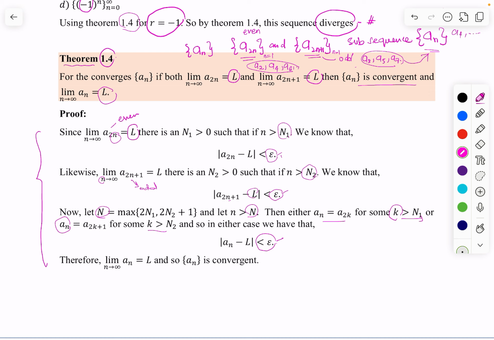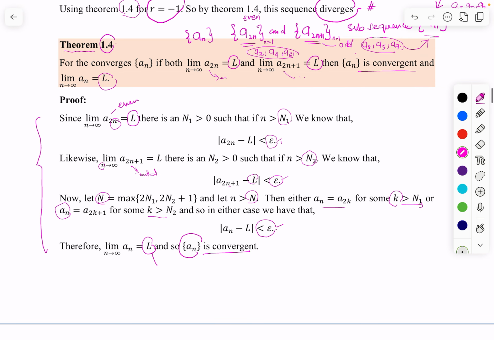We can say that the limit of the big sequence a_n, the general sequence, also approaches L. The limit is the same as for the even subsequence and the odd subsequence. And so a_n is also convergent because it goes to a finite value of the limit. Okay, so a_n is also convergent. That is theorem 1.4.